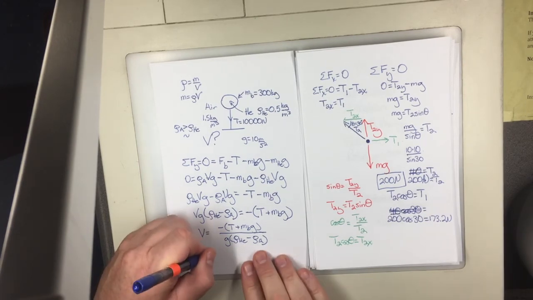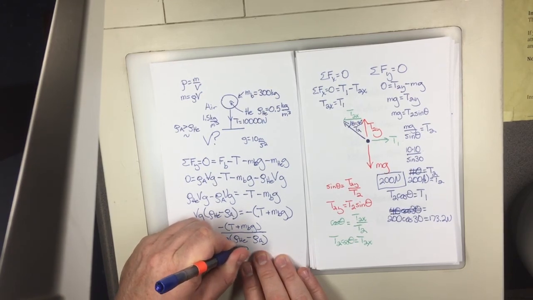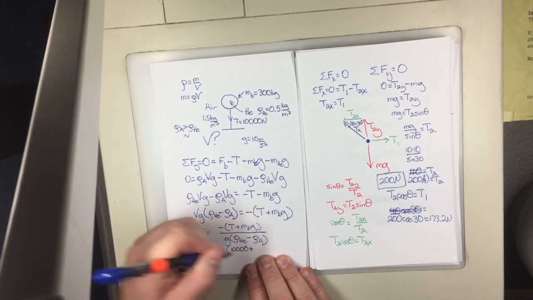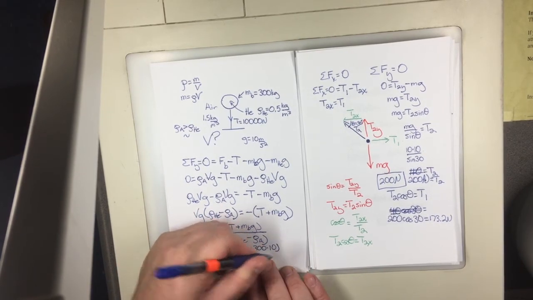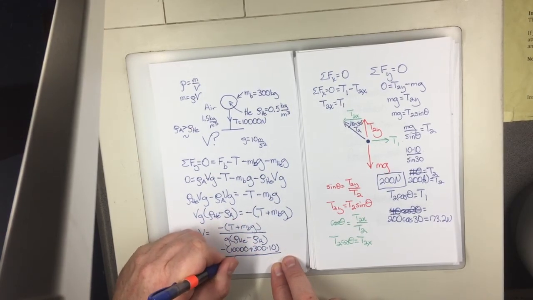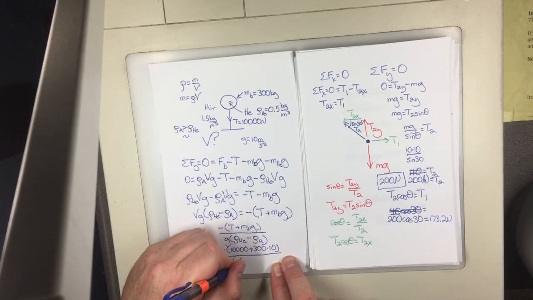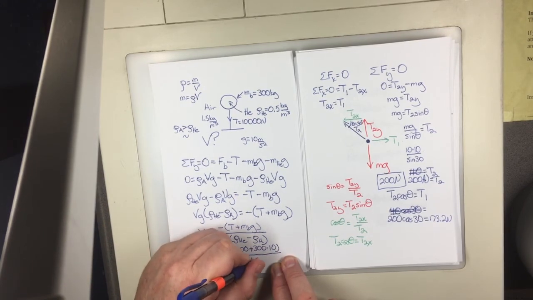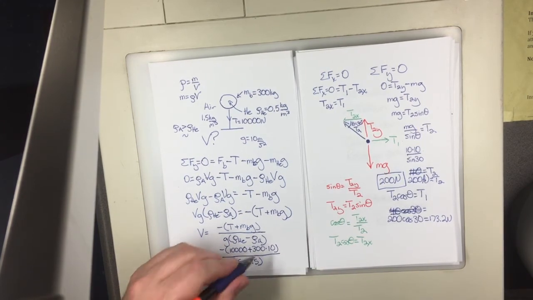Now you just plug it in. Minus 10,000 plus 300 times 10, over 0.5 minus 1.5. Oh, I do love this. 0.5 minus 1.5 is minus 1.